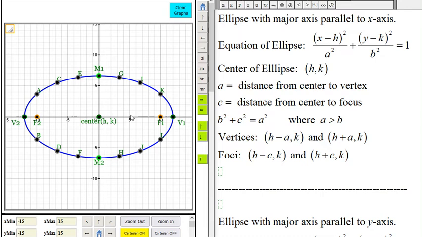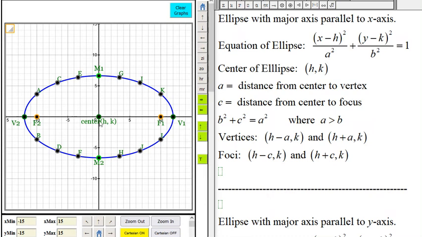When the major axis is parallel to the x-axis, the equation comes out to be like this. The distance from M1 to M2 is called the minor axis. And the h, k here is the center of the ellipse.